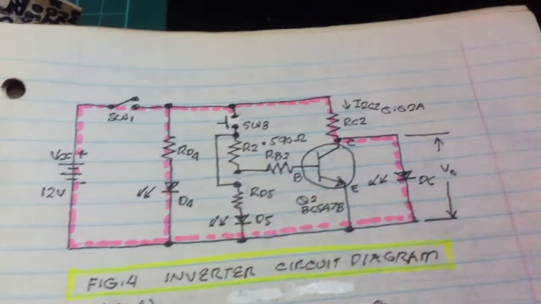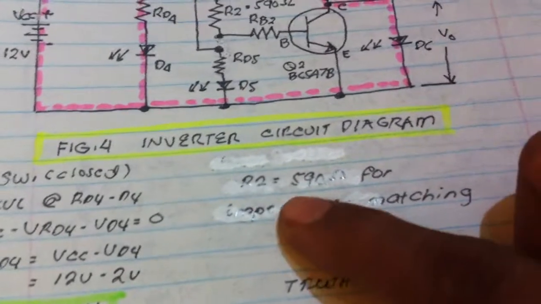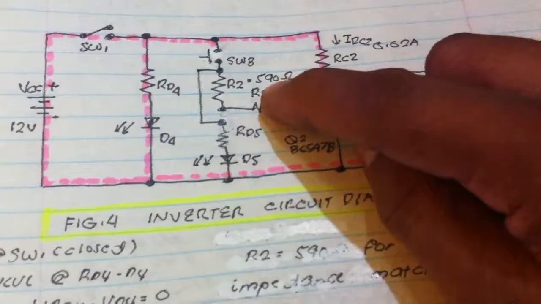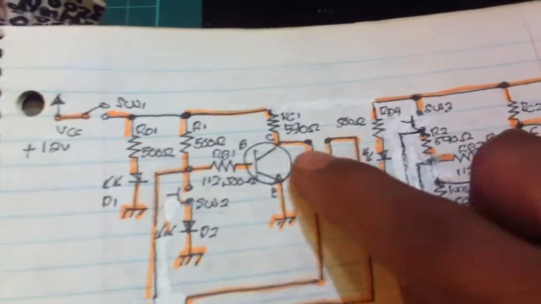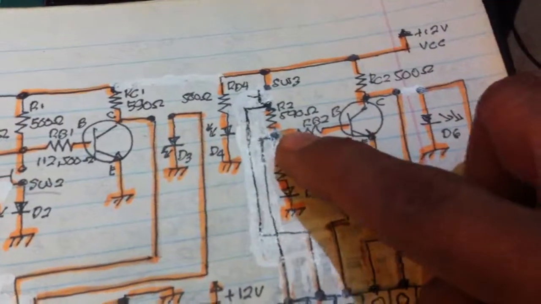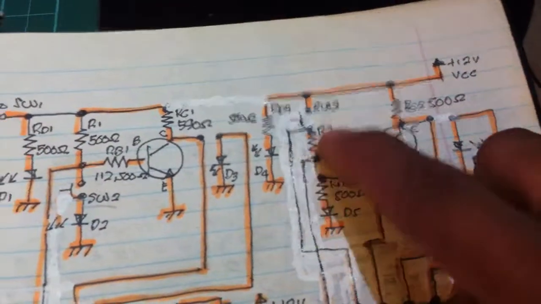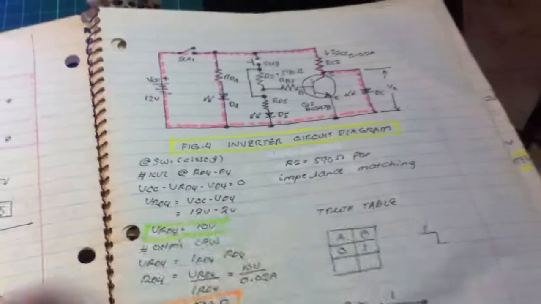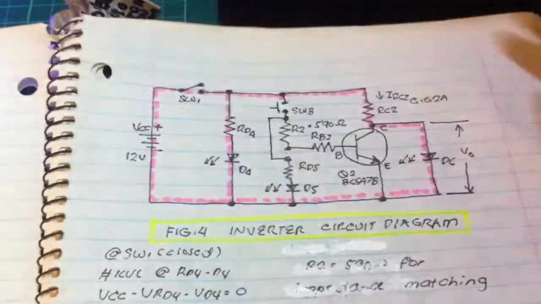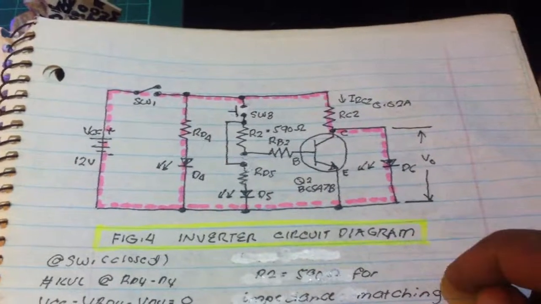Same computation as the previous one. Now, I said I choose the value of 590, an arbitrary value, since we're going to connect like this one. To connect this output of the buffer to the input at this node, it should be matched, 590. So let us now continue. That is the current that flows when you close the switch at this state.